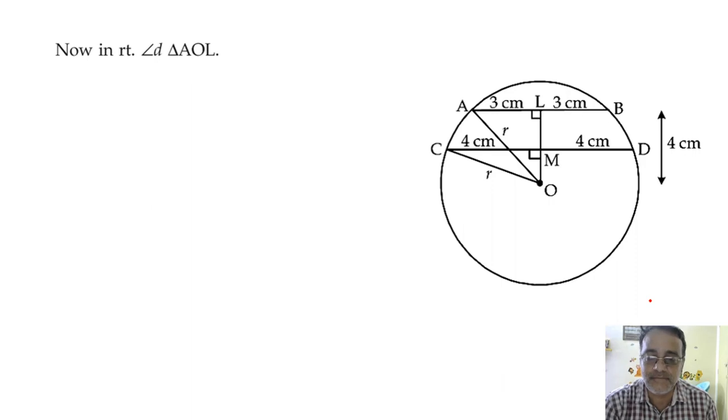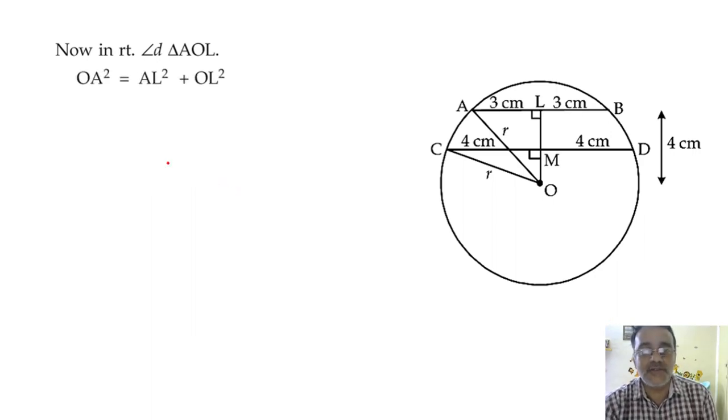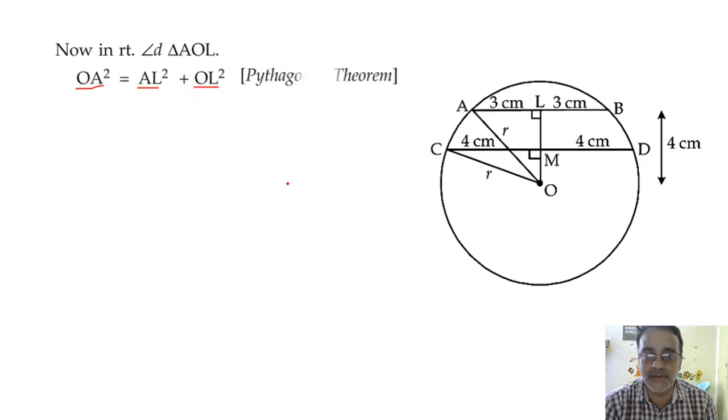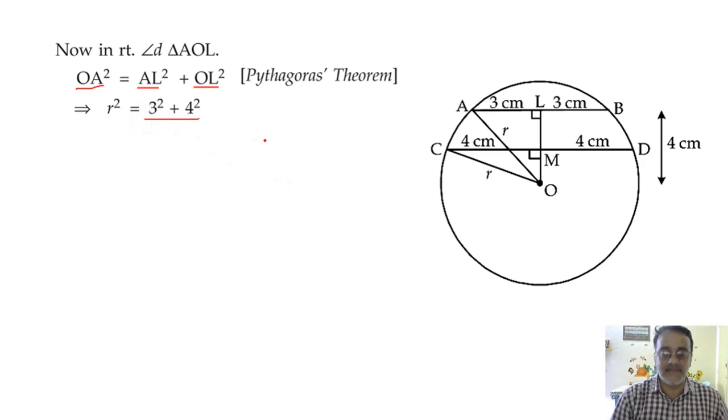AO square equals AL square plus OL square. Very good. OA square equals AL square plus OL square. This is r, AL is 3 and OL is 4. So we'll substitute. Okay, so what is 3 square plus 4 square?